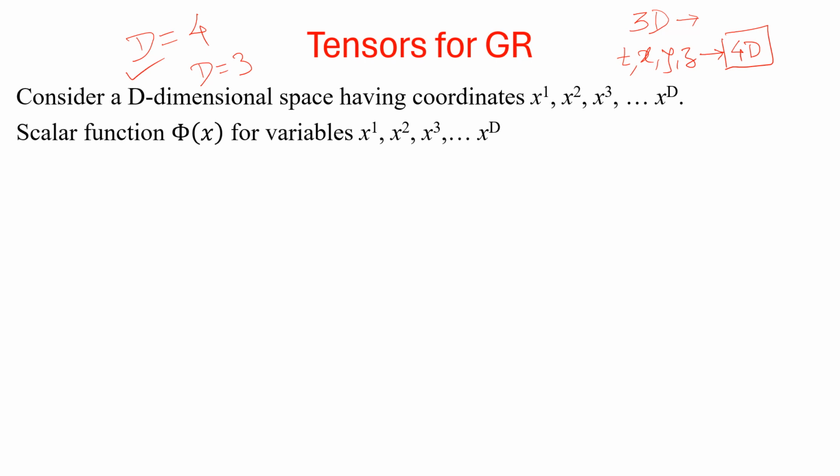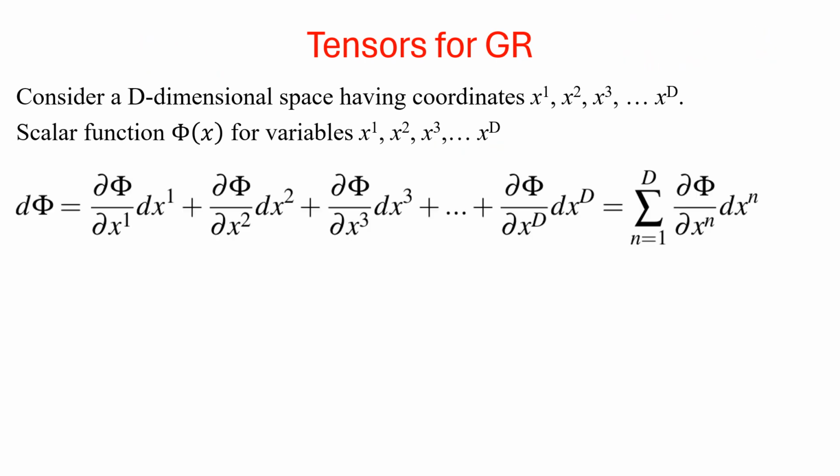A scalar function phi of x, which depends on variable x, that x in d-dimensional space will have x superscript 1, x1, x2, x3 and xd, where d is the dimension of the space.